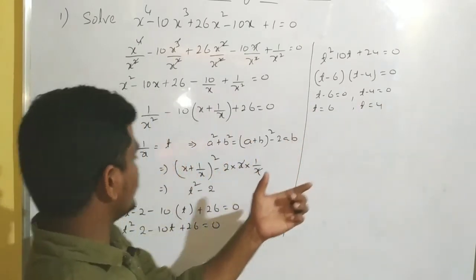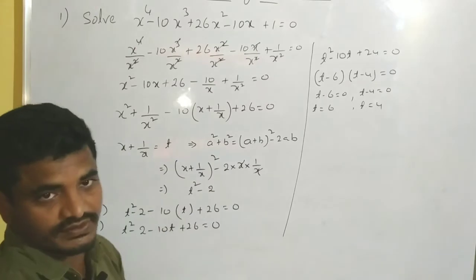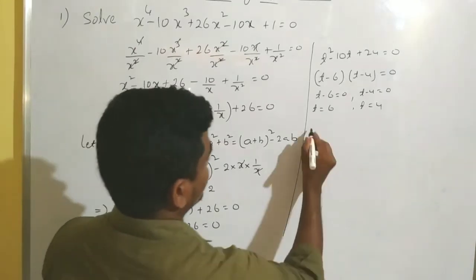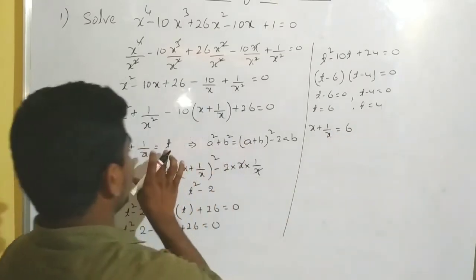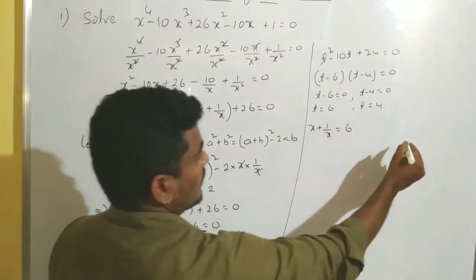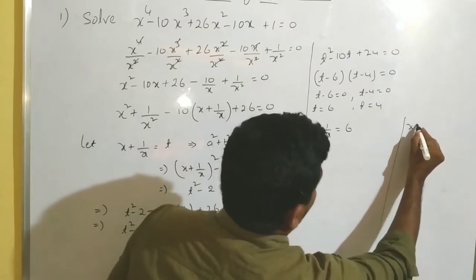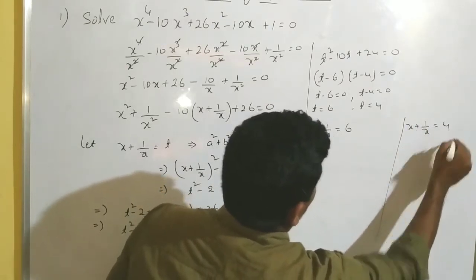After getting these values, we have to substitute in x plus 1 by x. In that we substitute x plus 1 by x equals to 6, t equals to 6. And next x plus 1 by x equals to 4.